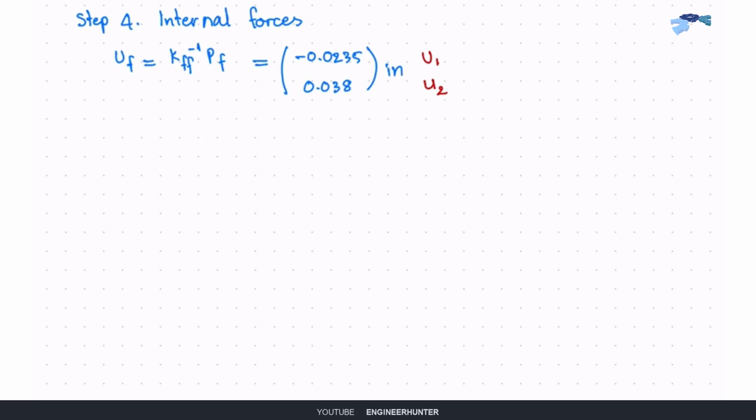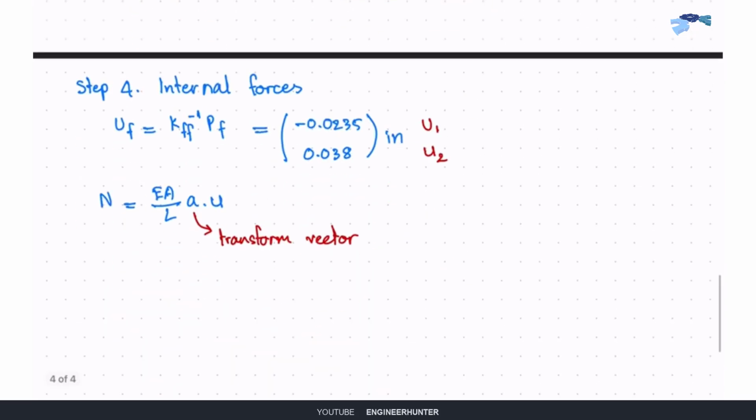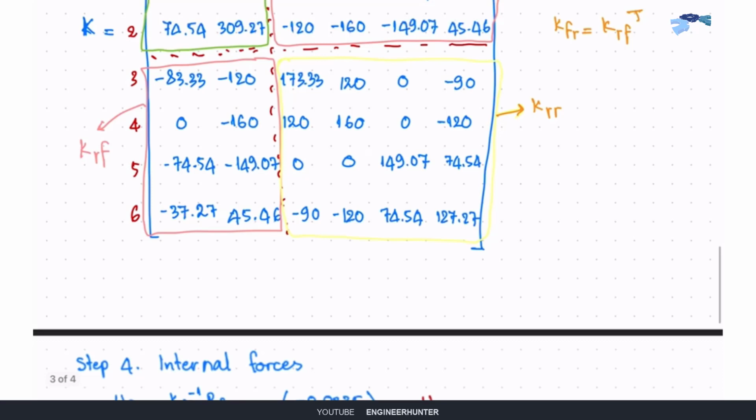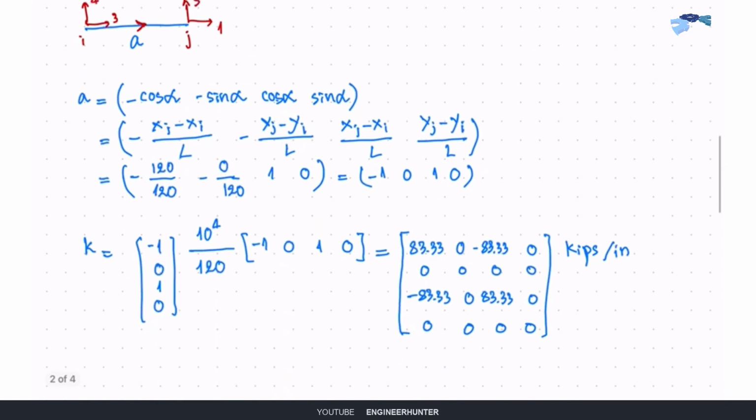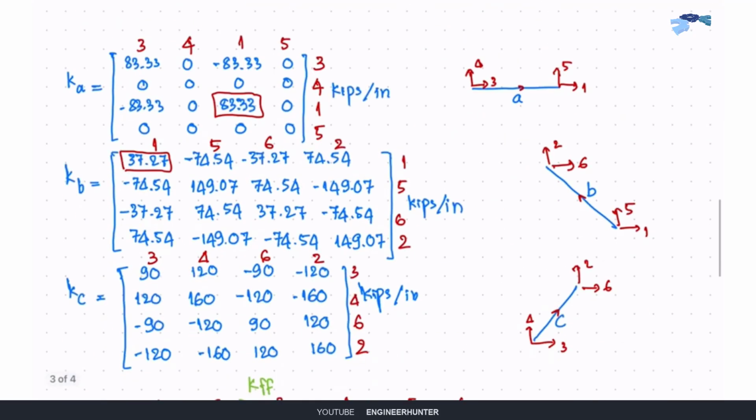Now to find the internal force you can use this formula. So A again is the transformation vector, and we already know the transformation vector from the step number 3 here, so we can use this information again to find the internal force.